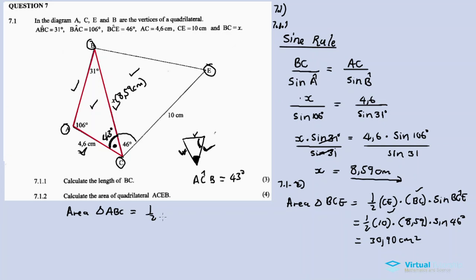Now we can calculate the area for that triangle: half times AC times BC times sine ACB, which is 43 degrees. AC is 4.6, BC is 8.59.